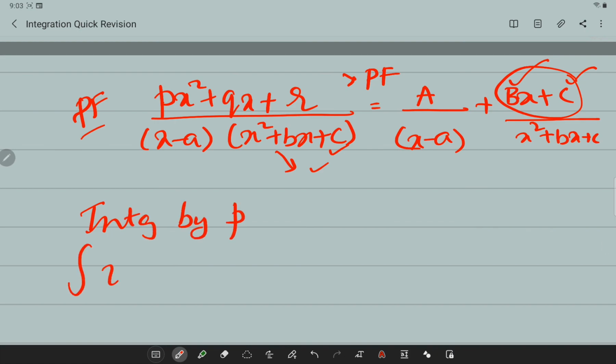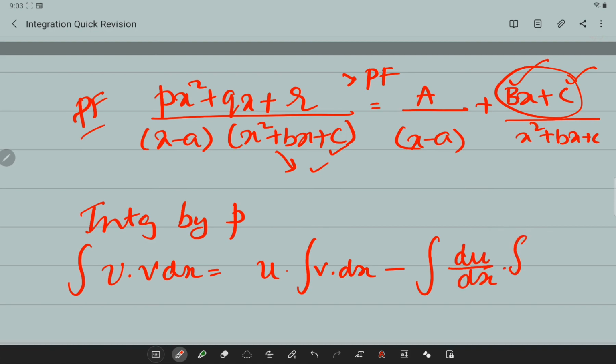And finally, we shall close this particular video with the integration by parts formula. So integral u into v dx can be written as u into integral v dx minus integral of du by dx, the derivative of u, with an integral v dx.